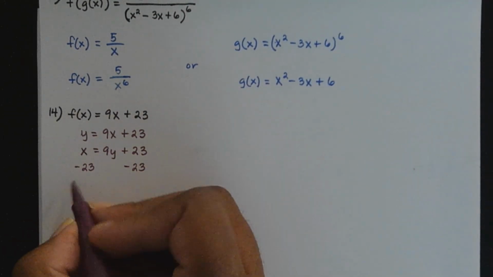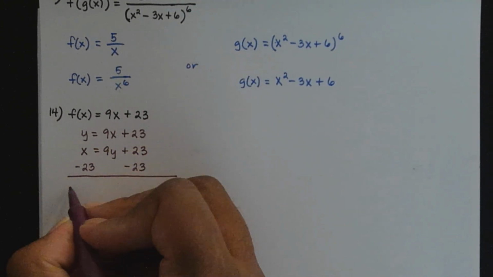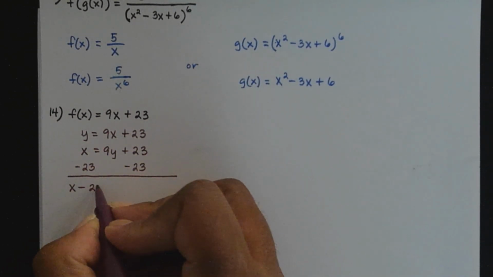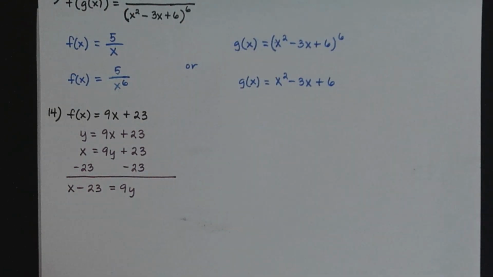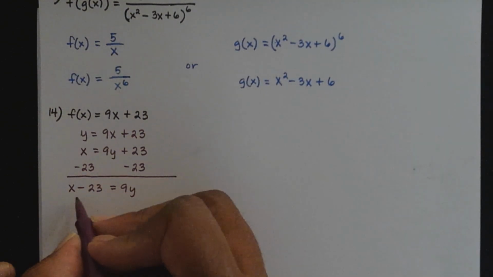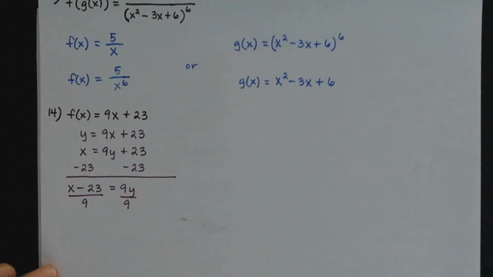So we first subtract 23 on both sides. That would mean x minus 23 equals 9y. And then to get y by itself, we need to divide both sides of this equation by 9.